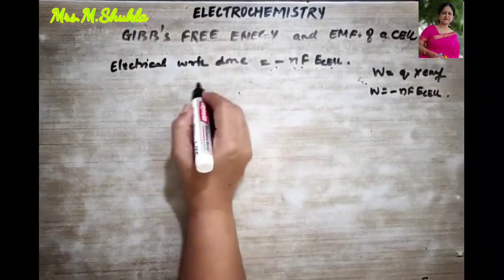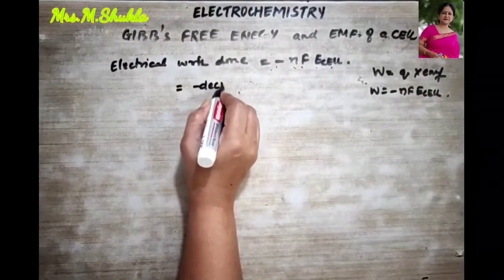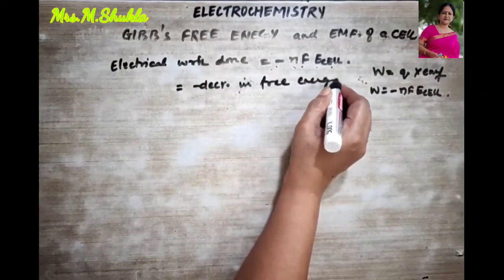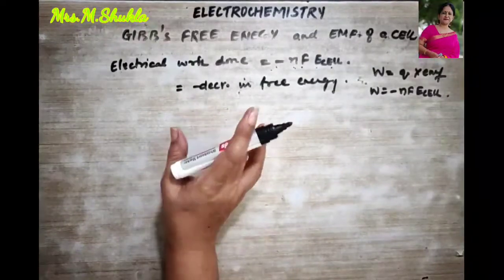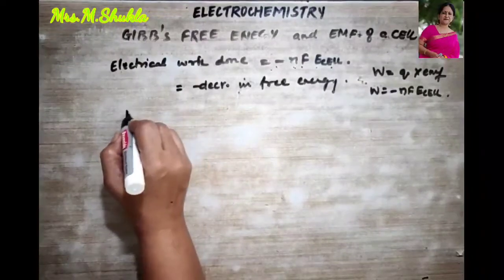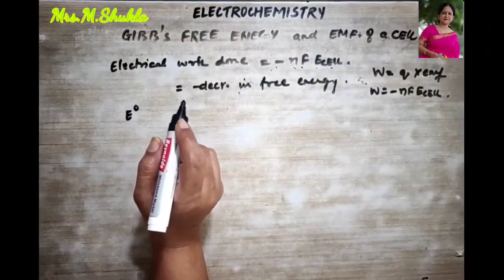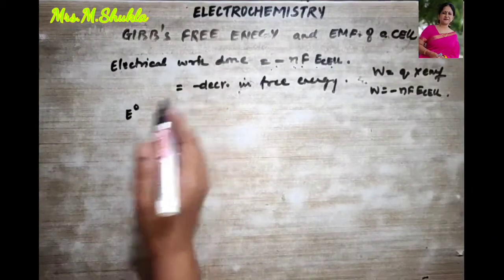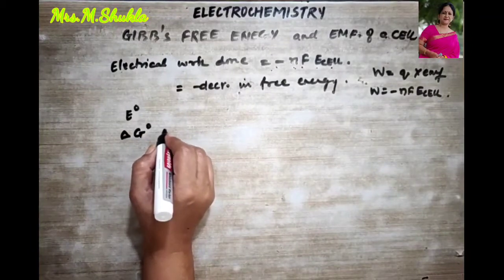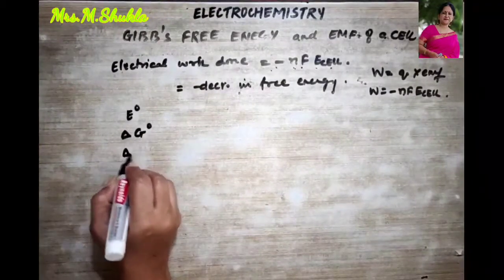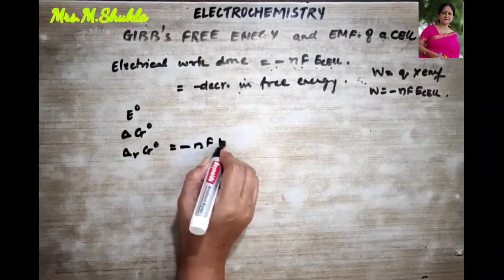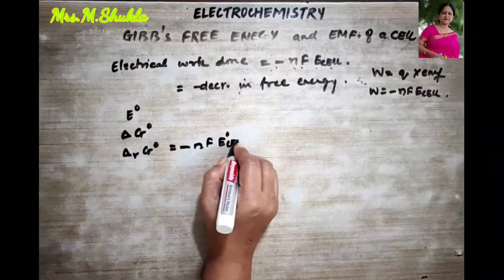So always remember this is equal to the decrease in free energy. For comparing different cells, the standard cell potential, that is E naught, is always used. Followed? Now the free energy change, delta G naught, is always written as delta r G naught is equal to minus nF into the EMF cell.